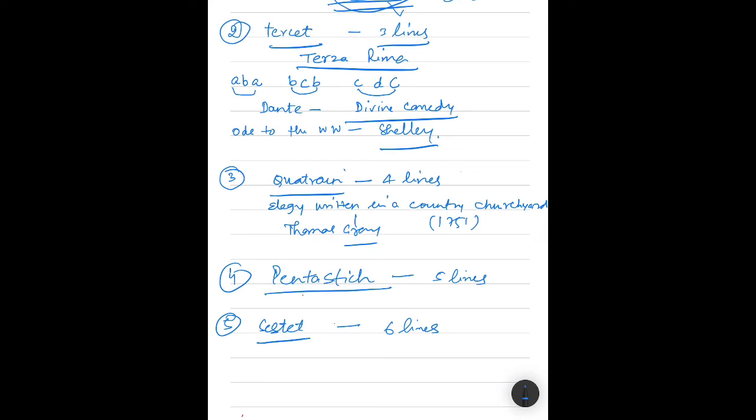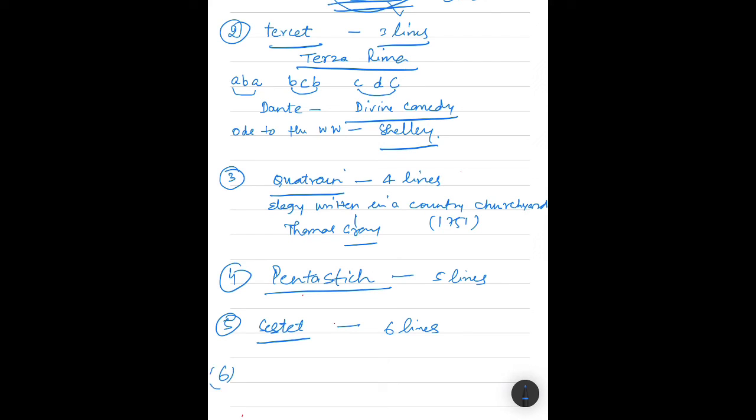And as you know, the second part of a Petrarchan sonnet is known as sestet. If you read a Petrarchan sonnet, you'll find out that it consists of 2 parts. First 8 lines octave and the last 6 lines sestet. So the last 6 lines is called sestet, and it can have various schemes.